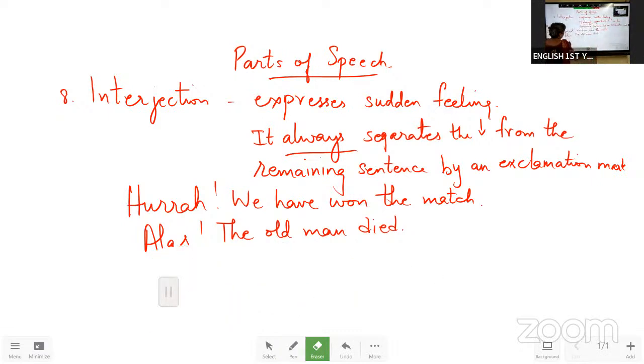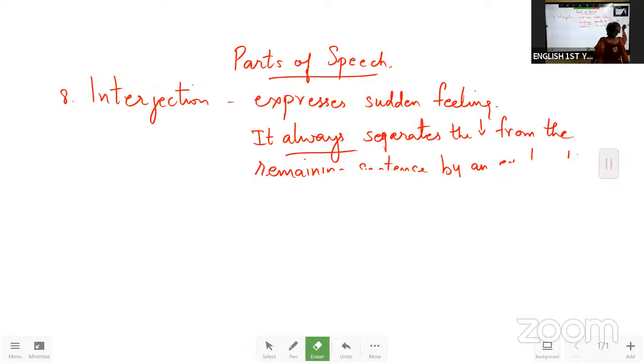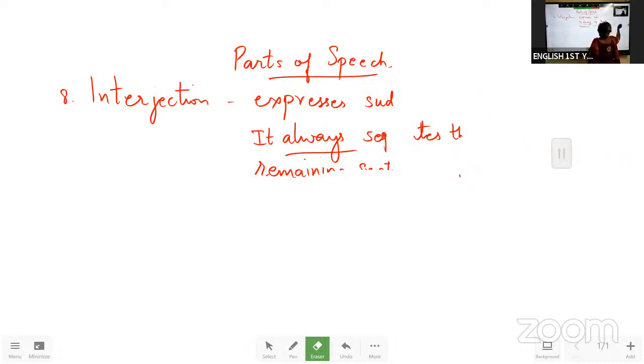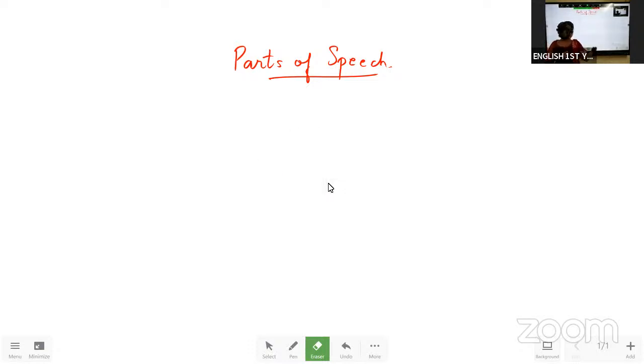So with this, we have completed the 8 parts of speech. Children, it is very easy if you remember the definition. And in certain cases, I've explained the position for you to understand clearly.